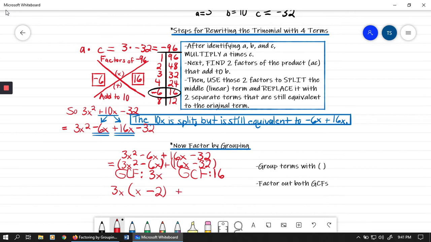And then for the other one, we'd have 16 on the outside, and what's left over would be x minus 2. Again, once you've got those GCFs factored out, you will notice that we have the same factor showing up, the x minus 2, and you see that it's repeating, x minus 2, x minus 2.